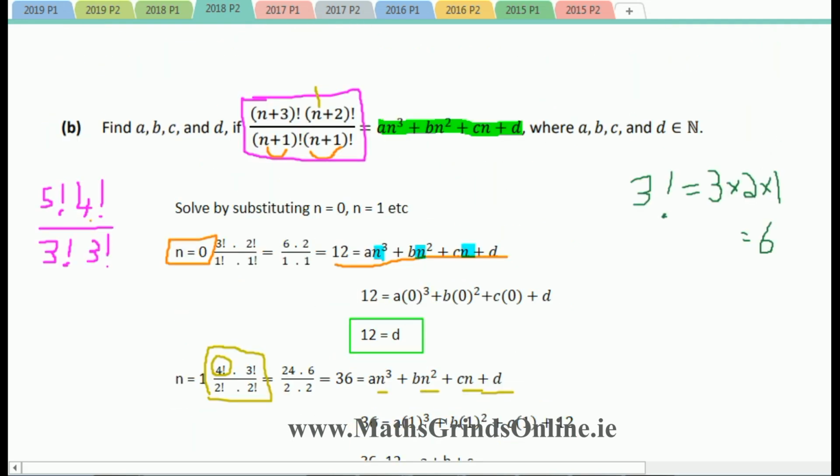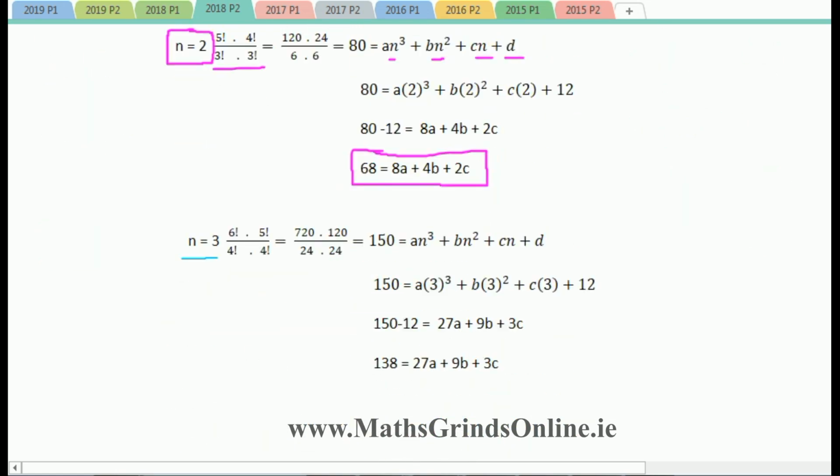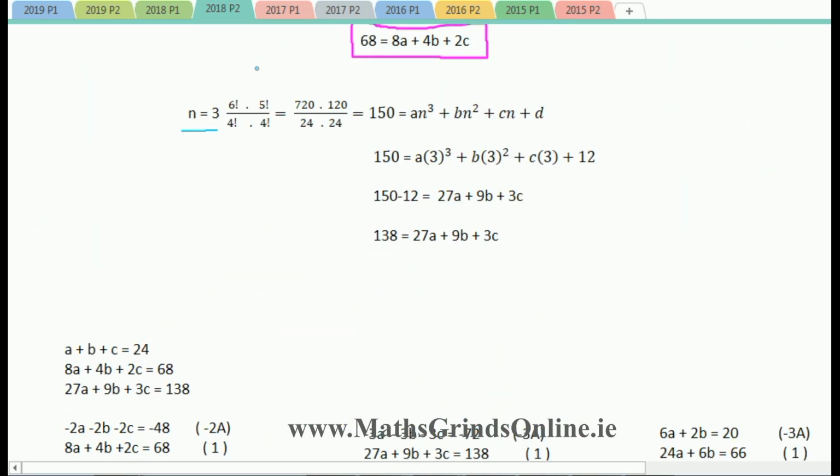Up at the top here now again. So this is going to be 6 factorial. It's going to be multiplied by 3 plus 2, that's 5 factorial over 3 plus 1, 4 factorial times 3 plus 1, 4 factorial. So 6 factorial times 5 factorial over 4 factorial times 4 factorial.